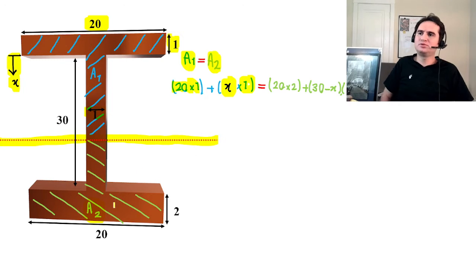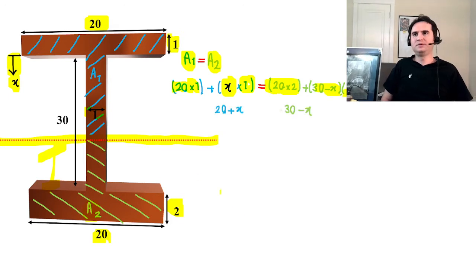That equals the area at the lower section, which is 20 times 2 plus 13 minus x, this small distance here, times again the thickness of the web. If you do the math, it gives you 20 plus x on the left side, equal to 40 plus 30 minus x.